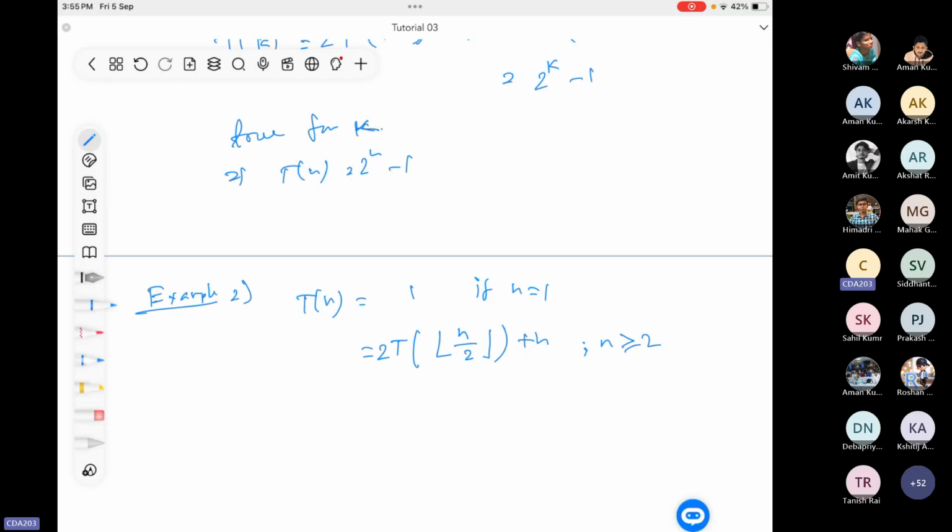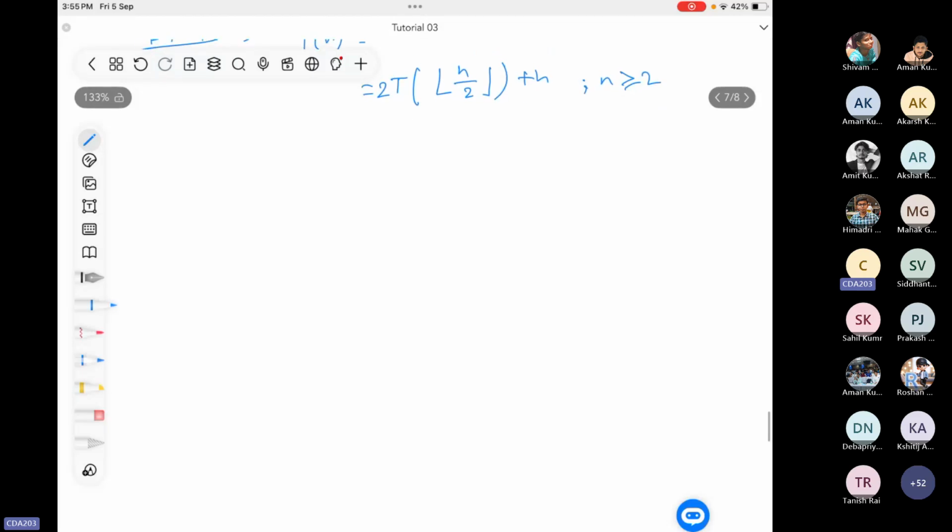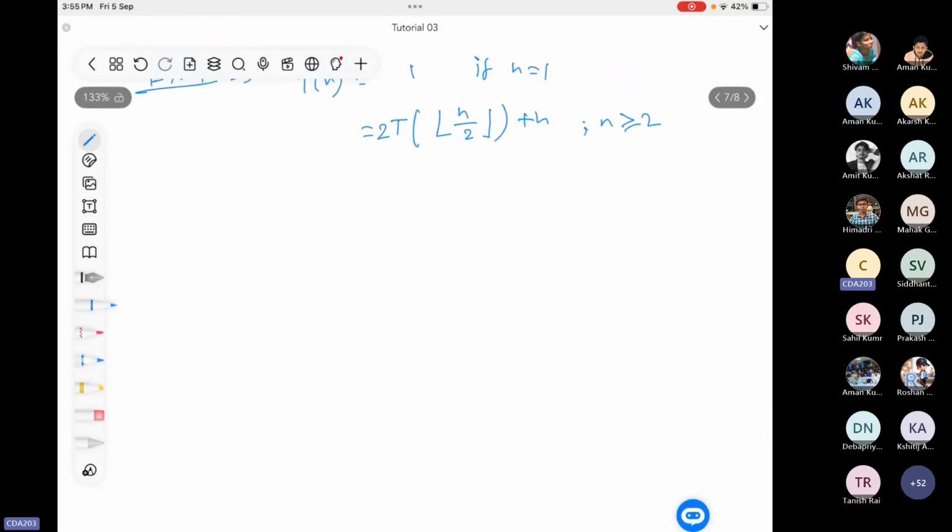So it doesn't work, right? 2 to the power n doesn't work. Why doesn't it work? Okay, you verify why it doesn't work. It will fail the induction step. Check it. So in this case, let us assume the solution is of this form. Let me guess.